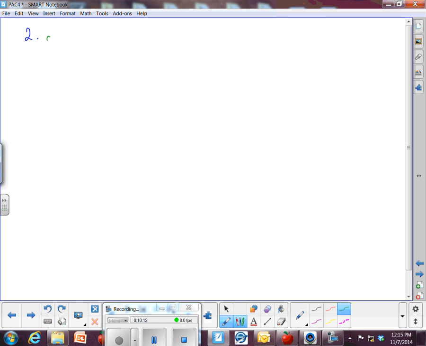So the recursive formula, I'm just going to write FORM for short, and in parentheses, must know previous term. It's only valuable when you know the previous term.